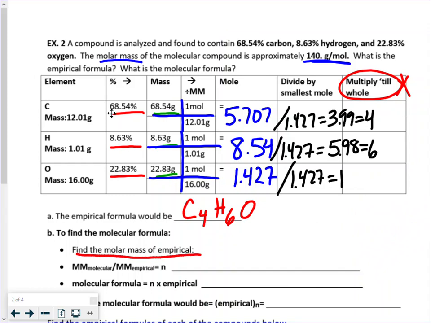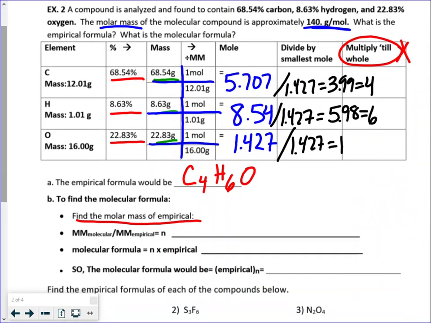So, all I have to do then is grab my periodic table and look at the molar masses, although it's kind of up here on the chart for you already. So carbon, there are 4 of them, 12.01, plus our hydrogen, there's 6 of them, 1.01, and our oxygen, there's only 1, so we'll just add in that 16.